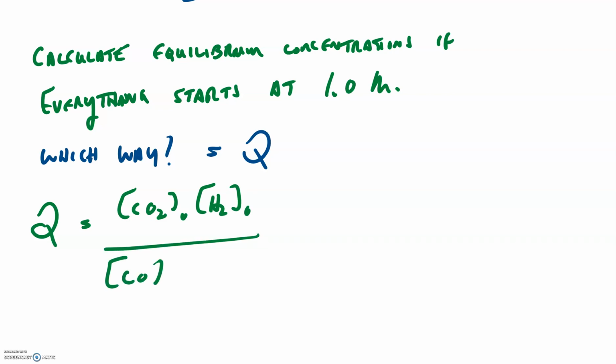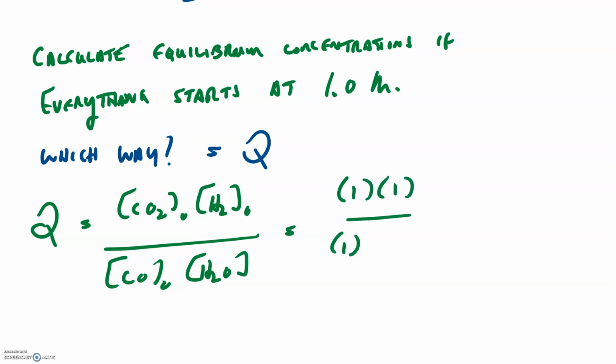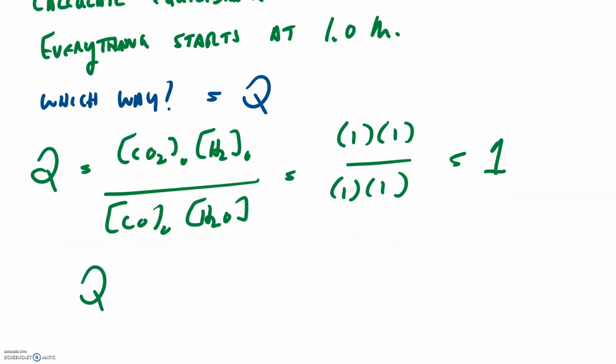And this one's pretty straightforward because we know that everything is 1 molar. So that means we plug everything in. That's 1, that's 1, that's 1, that's 1. Obviously, Q is 1.